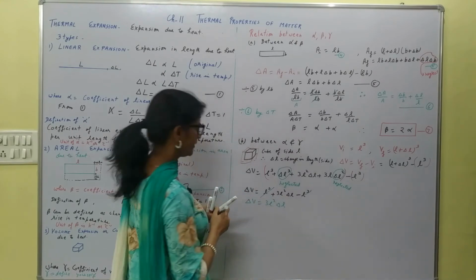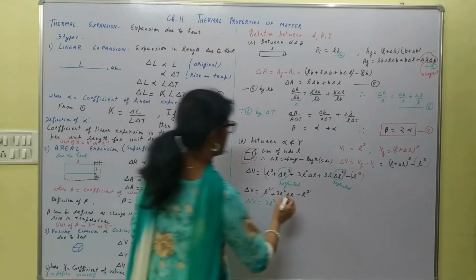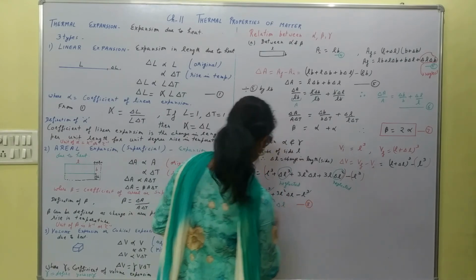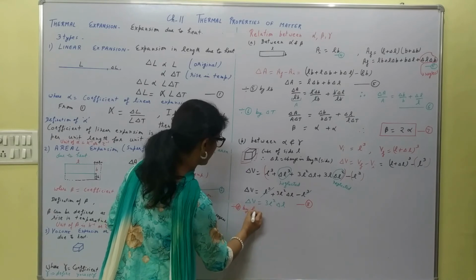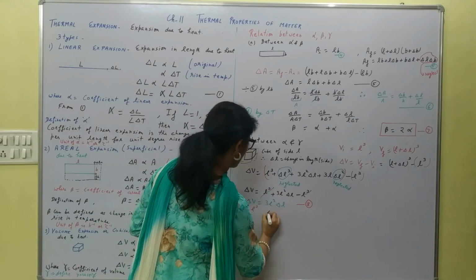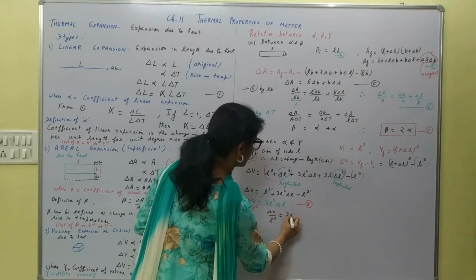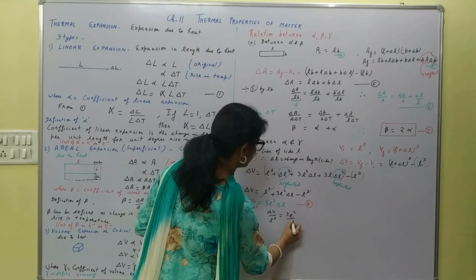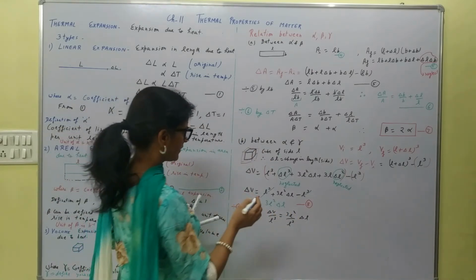If we divide this equation, this is 8, divide 8 by L cube. What will we get? We'll get delta V upon L cube is equal to 3L square upon L cube delta L. So what will be cancelled?